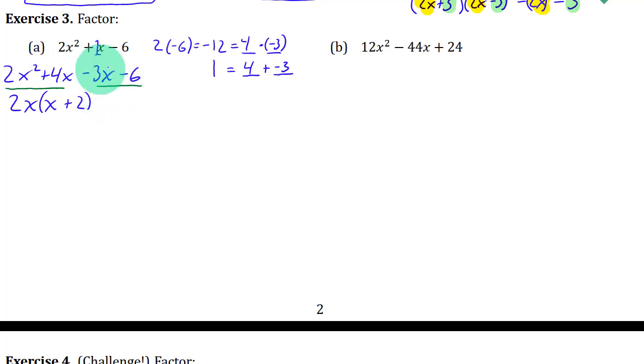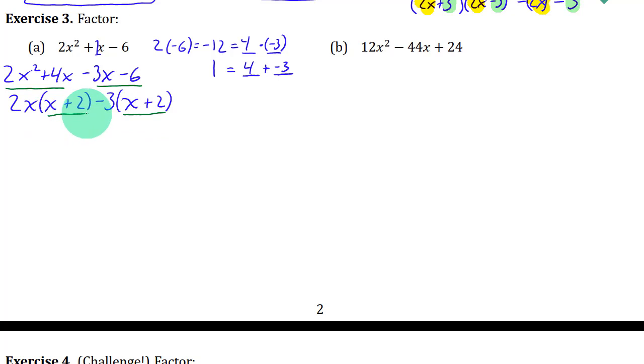Then over here, these have a common factor of -3. And then there's going to be a -3 times x is -3x. And then -3 times +2 is -6. So yay, that works out.